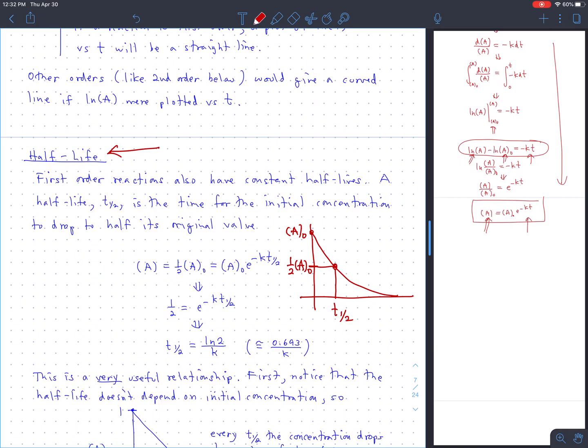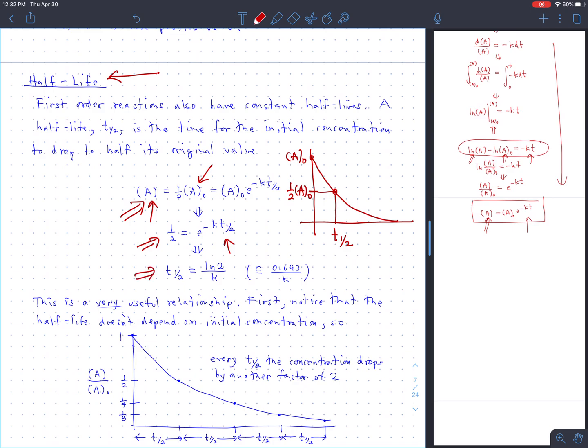And we can solve for what that half-life is using our integrated rate law. If I set the concentration equal to half of the initial concentration, then I get that 1/2 is equal to e to the minus kt 1/2. Taking the logarithm of both sides and solving gives me that the half-life is equal to the natural logarithm of 2 divided by the rate constant.